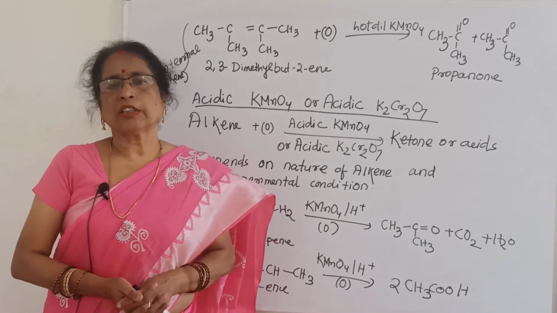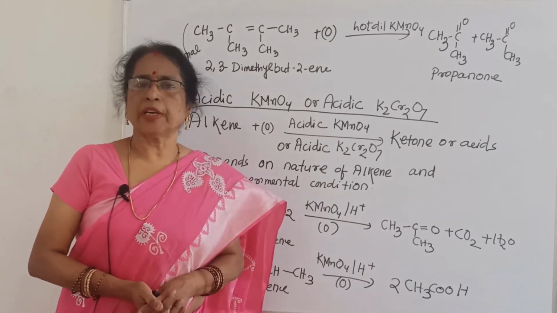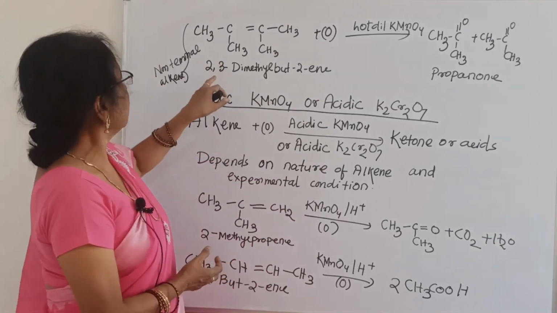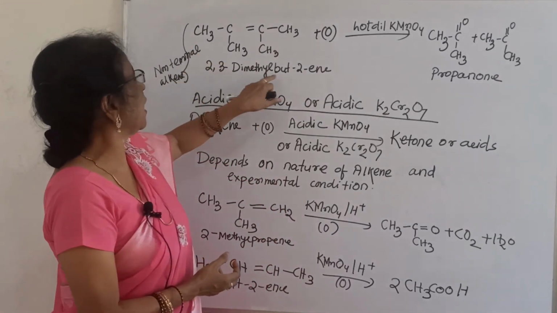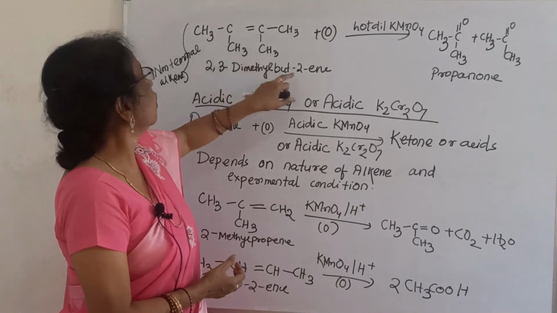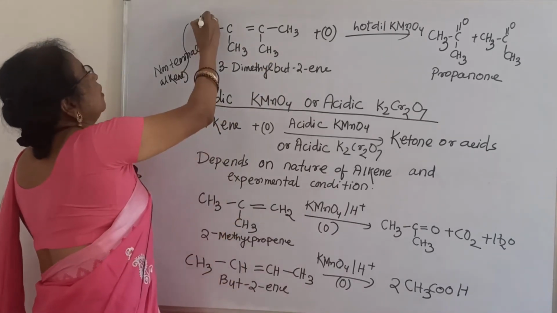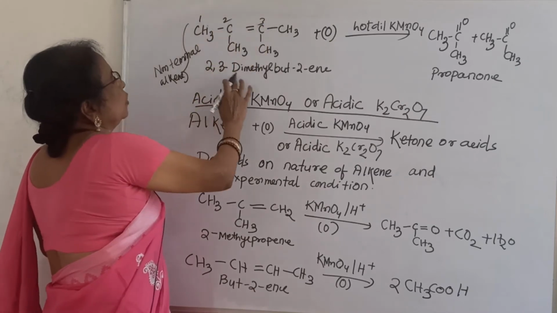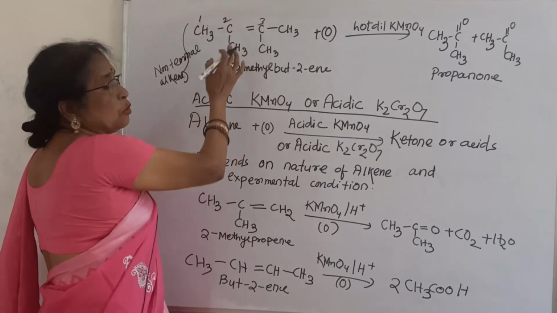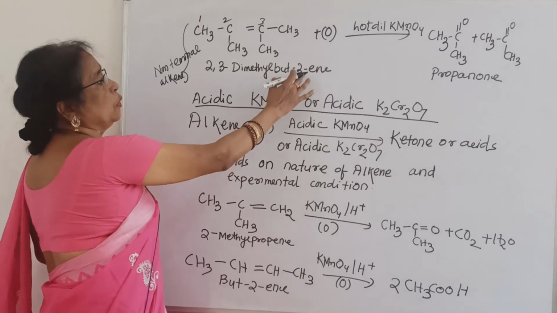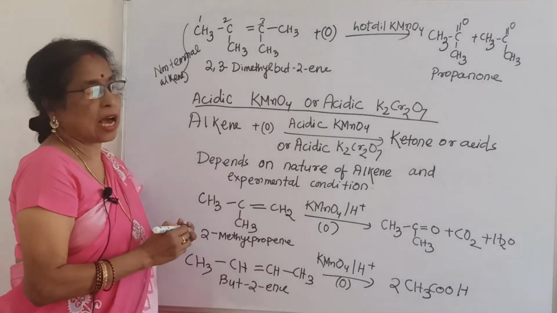We can take another example of non-terminal alkene. This is very important. 2,3-dimethyl but-2-ene. See 1, 2, 3: 2,3-dimethyl, after the 2, a double bond, but-2-ene. This is also a non-terminal alkene.